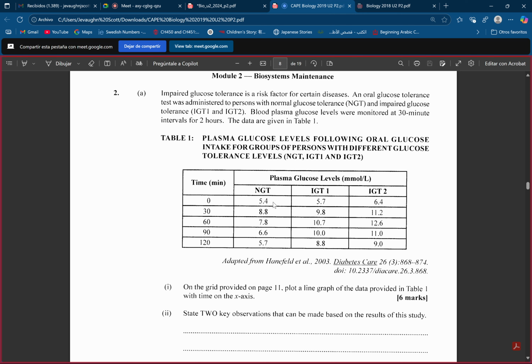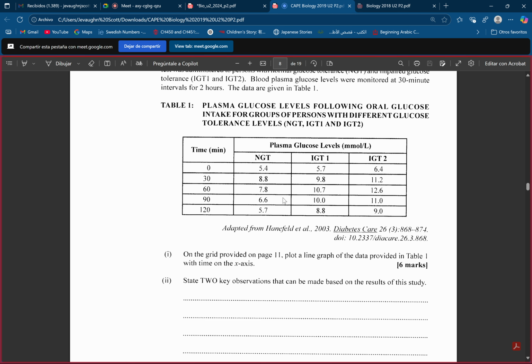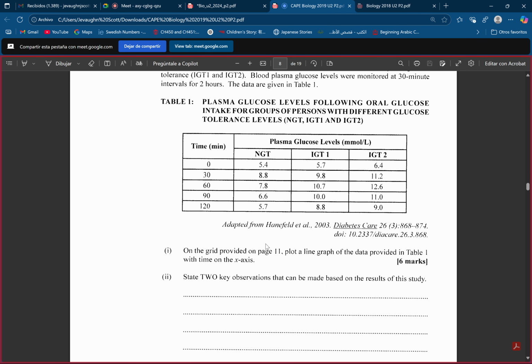So we end up with this table with the important information in here. On the grid on page 11, plot a line graph of the data provided in table 1 with time on the x-axis. So if that is the case, how are we going to provide this graph?